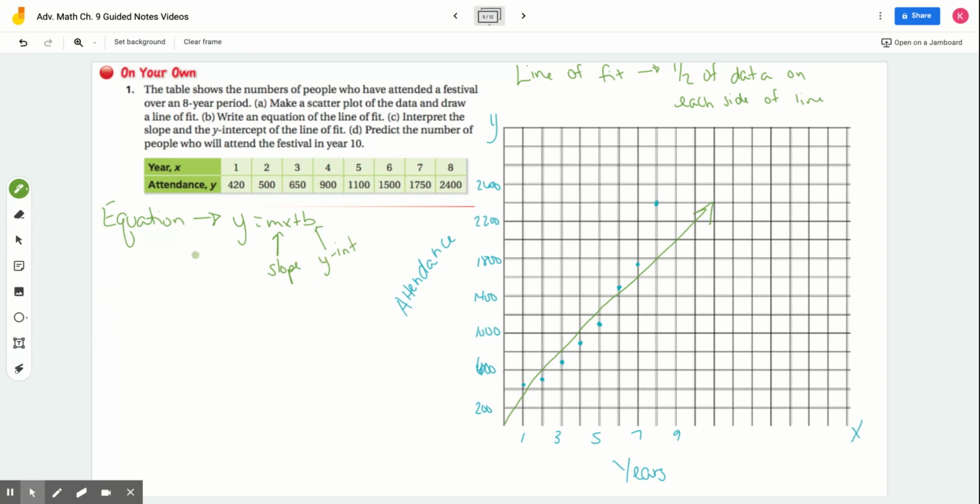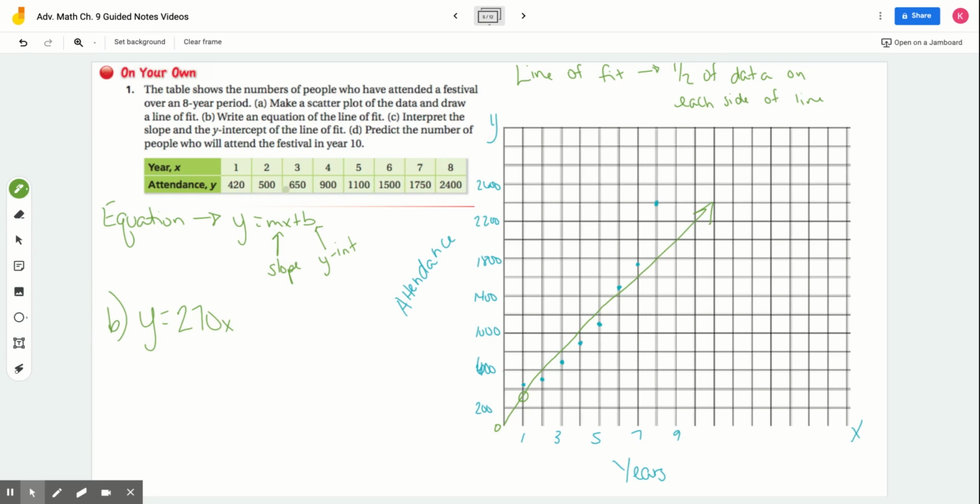If we are writing the equation of this line, which is part B of the question, we can find that the slope is where the point is on the 1. Here it is about 270, so I can say y is 270x. Now, where's the y-intercept? Where does it cross the y-axis? It crosses here, which is 0, so I don't need to put plus 0 on here. My equation for my line is y equals 270x.